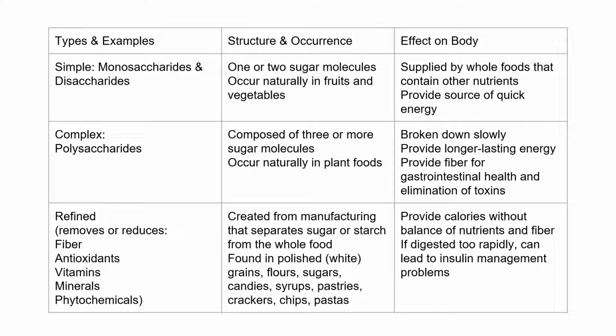So let's briefly look through structure and where we find them. So mono and disaccharides, again, 1 or 2 unit sugar molecules. They're naturally occurring in fruits and vegetables. And the effect on the body that these have, so they're a really quick source of energy. So especially think of the summer months in upstate New York anyway, think of having all the berries that we have available, the peaches, the nectarines, the stone fruits, the various melons, the apples.